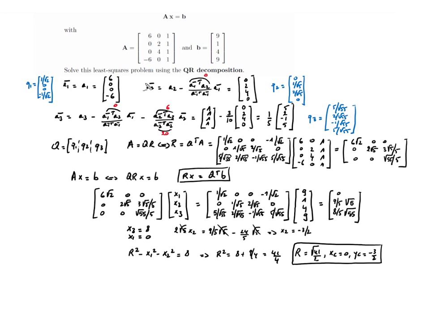And then for the next vector, we have to take the second column and, well, remove the projection of A2 on A1 bar, right? Well, if you compute this projection, this is what you obtain.